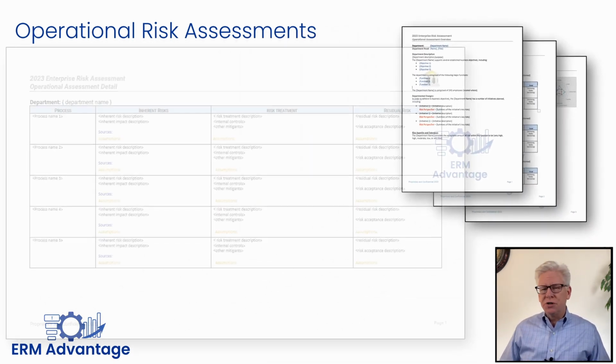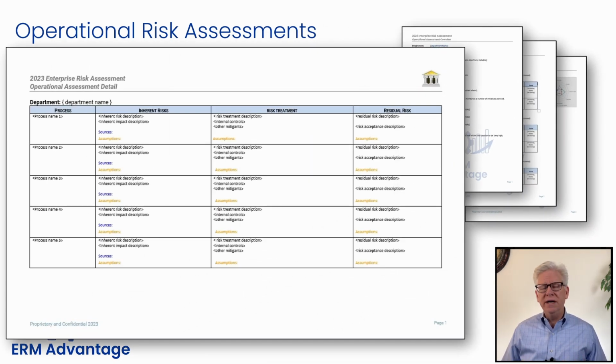The next 2 are sister documents, and one is a narrative. It's a risk narrative, and it allows us to provide an area where we're going to talk about descriptions of the inherent risks, descriptions around risk mitigation and related treatments, and then around residual risk. And this is where we can provide a narrative understanding of the risks in the environment, as well as some other pieces of related information that we'll talk about.